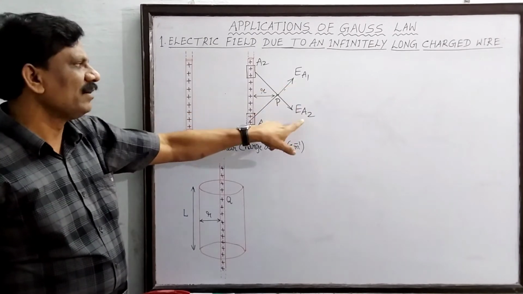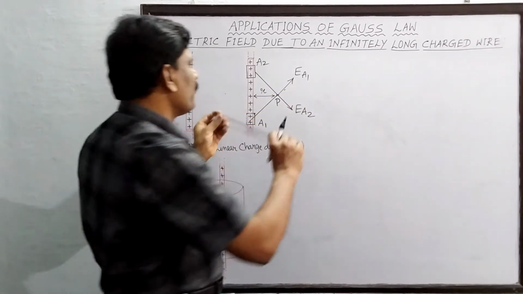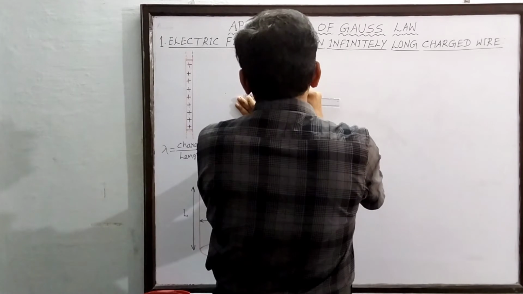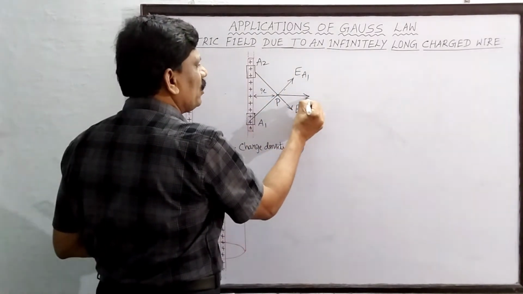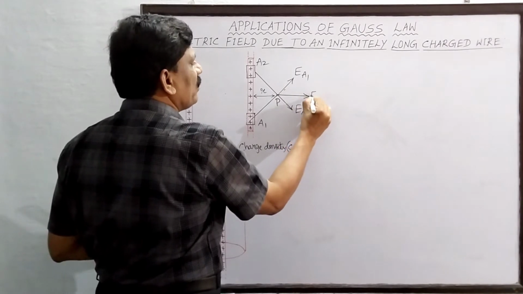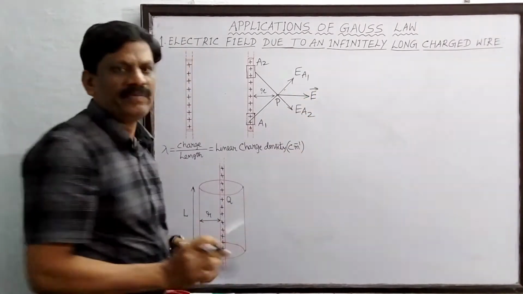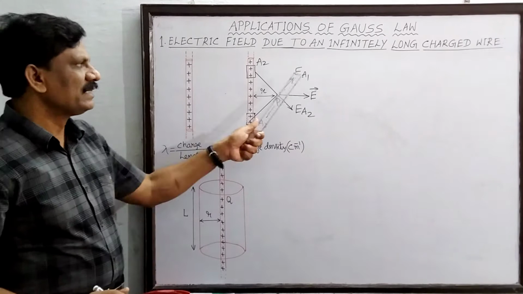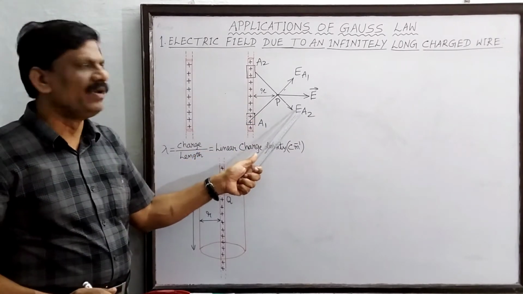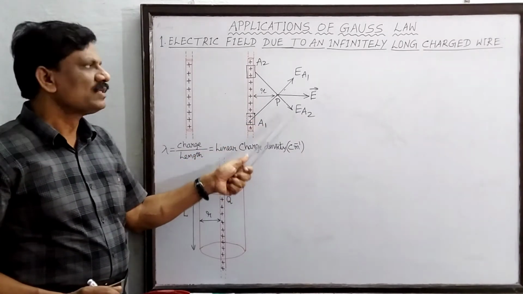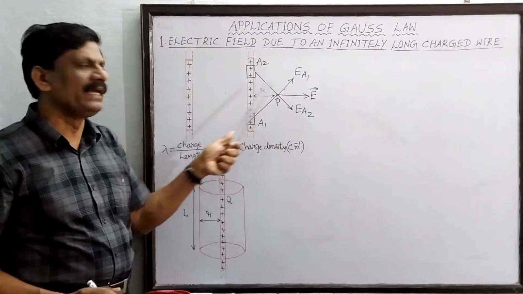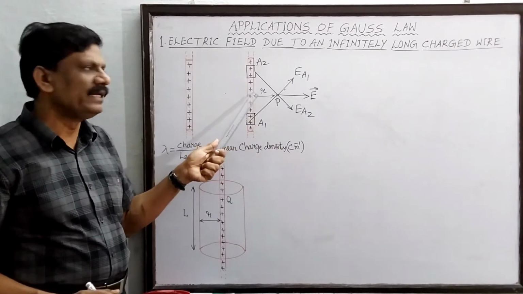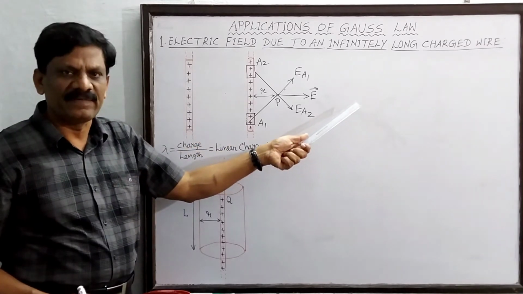Now the resultant of these two electric fields will be radially outward from the wire. So it will be perpendicular to the length of the wire. This is the direction of the electric field. Have you understood? Because EA1 and EA2 will be equal in magnitude, the resultant of EA1 and EA2 will be acting perpendicular to the length of the wire, or radially outward, I can say.